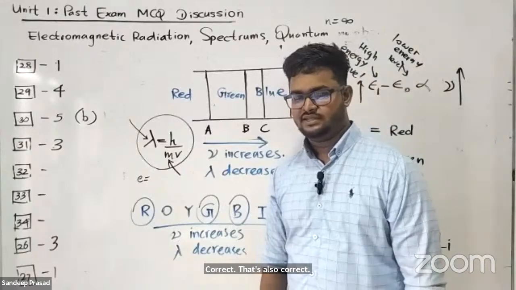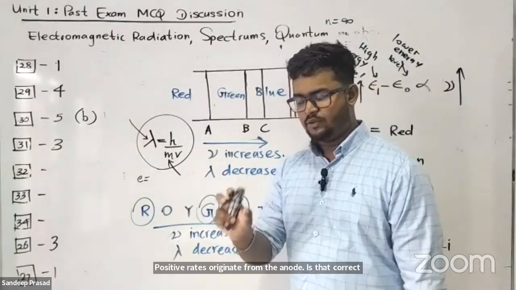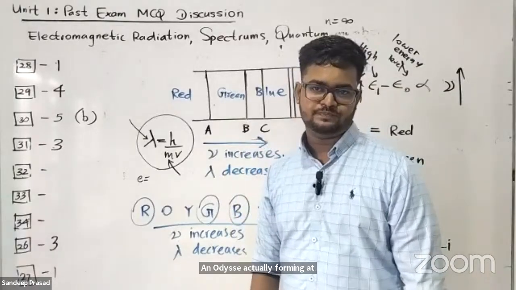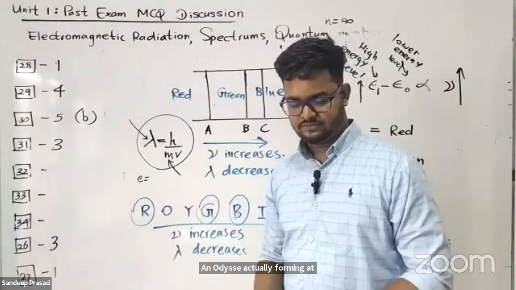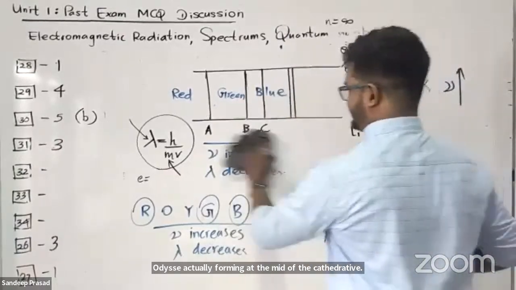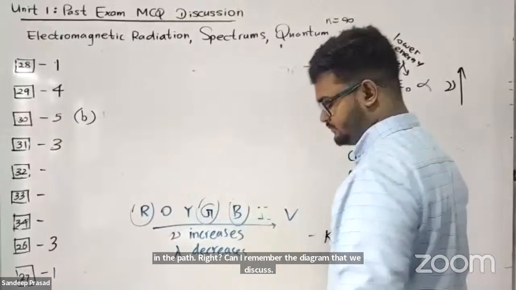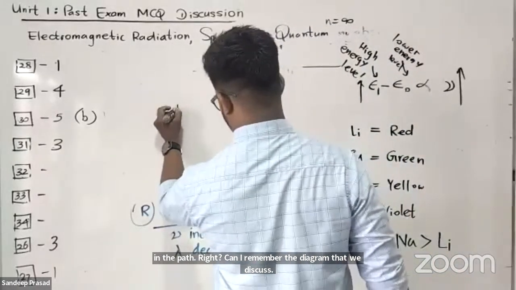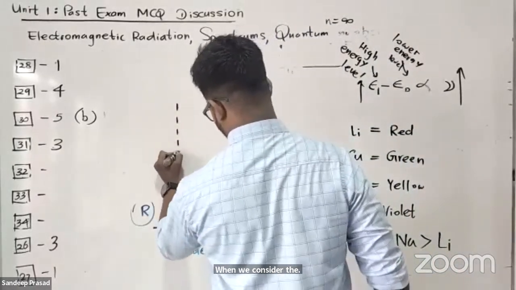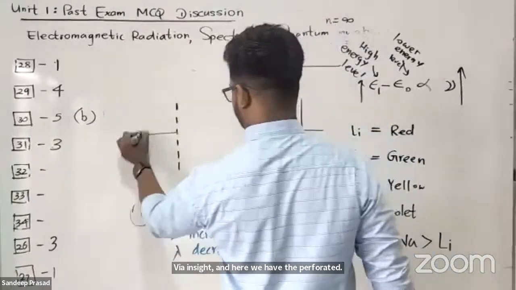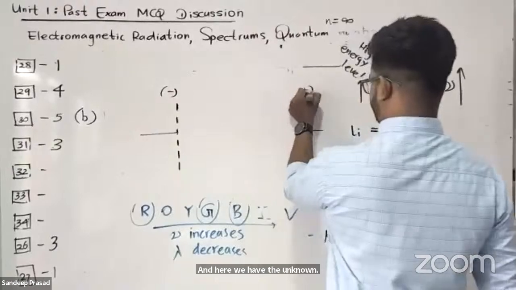Can you remember we learned that anode rays are actually forming at the middle of the cathode ray tube, in the path? Can you remember the diagram that we discussed? Here inside, we have the perforated cathode and here we have the anode, negatively charged one and positively charged one.